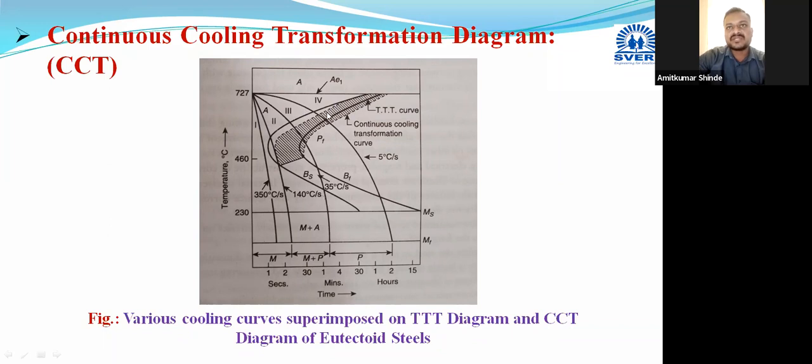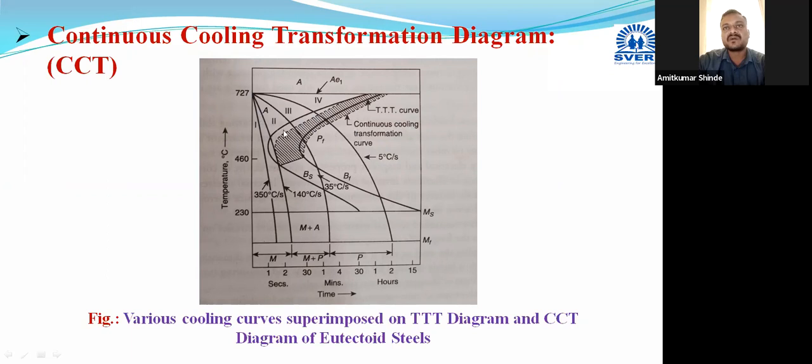The darker portion is TTT, and this dotted portion is the CCT curve, the continuous cooling transformation curve. How it is plotted, how the experiment is conducted, and the difference between the isothermal transformation diagram, or TTT diagram, and the CCT diagram, I have explained.